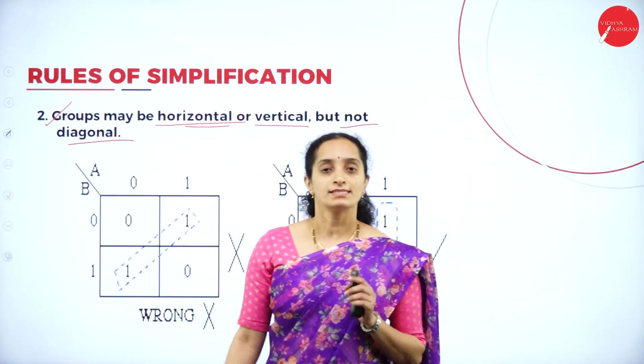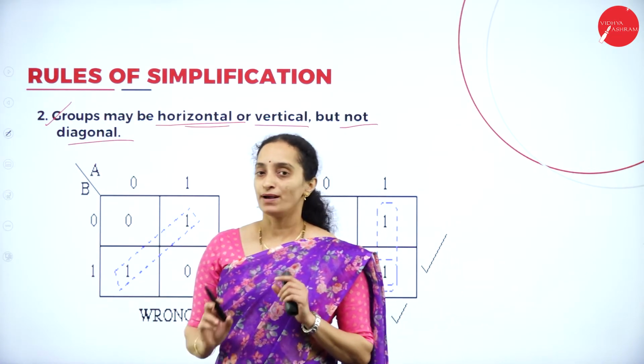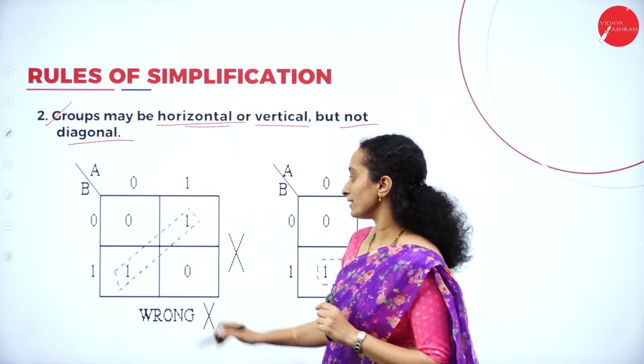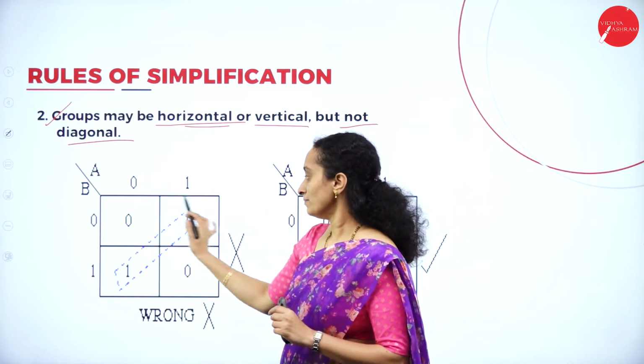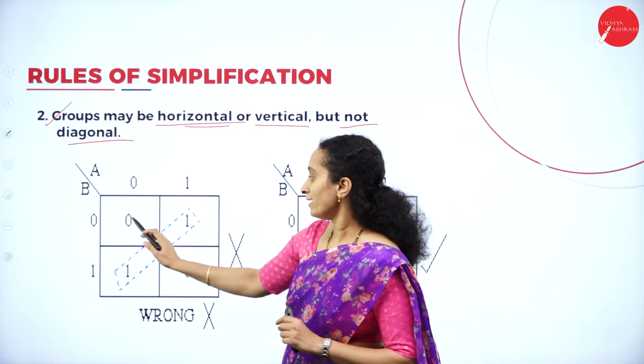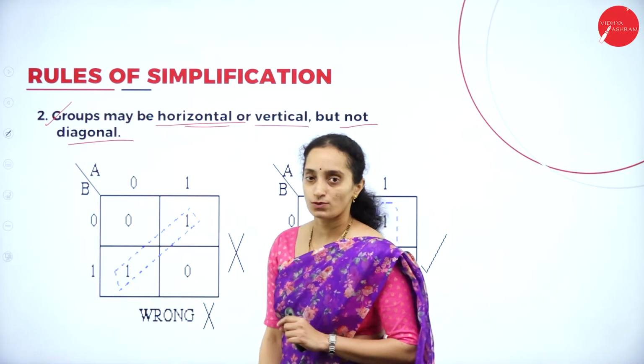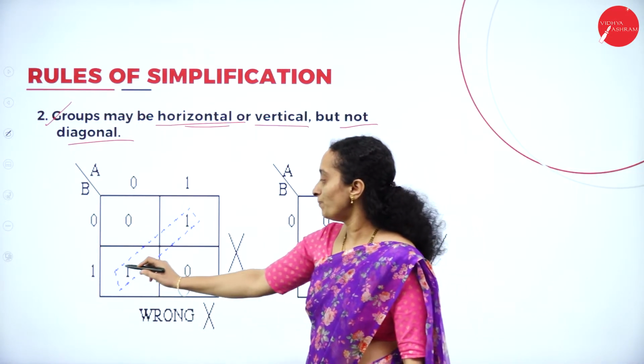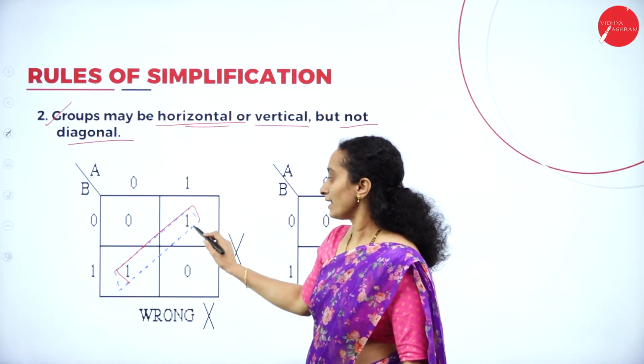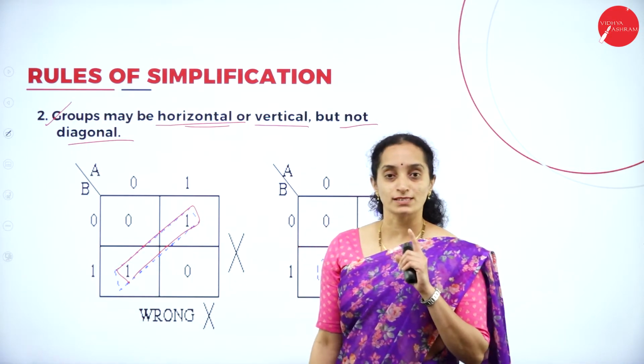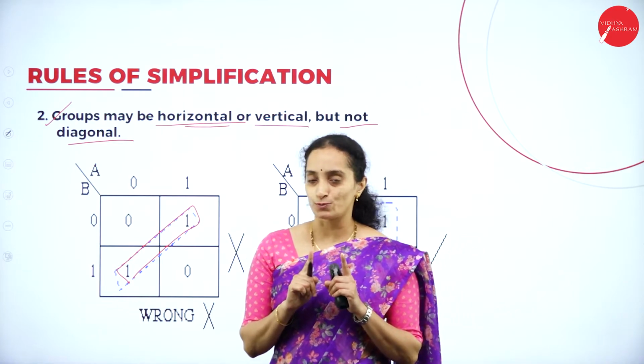You cannot simplify the expression by grouping the ones diagonally. Suppose you have the map like this, where 0, 1, 1, 0 is there. If you look at this table, what does the first rule say? Only ones must be grouped, is it not?